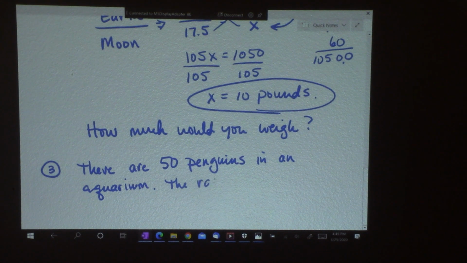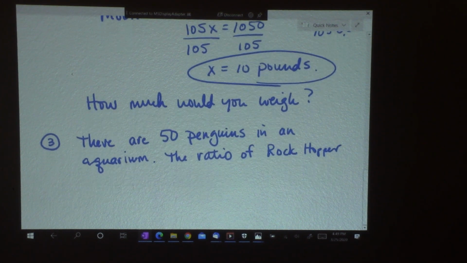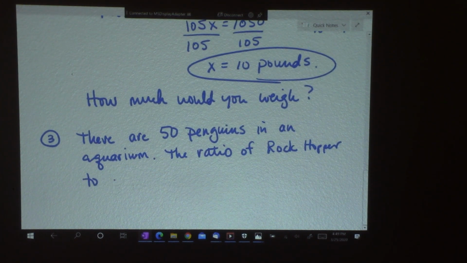The ratio of rock hopper penguins to African penguins. I guess those rock hoppers hop on rocks.